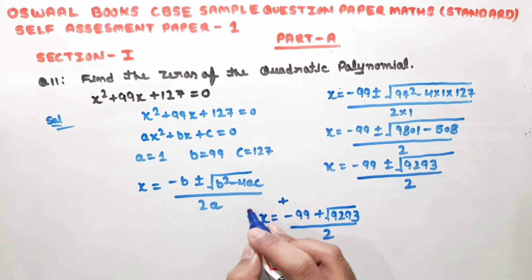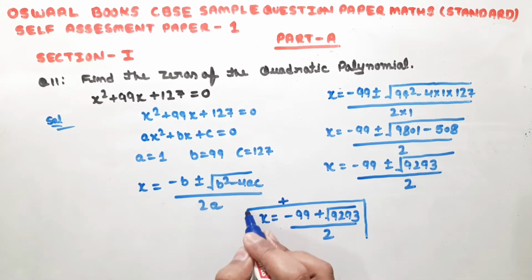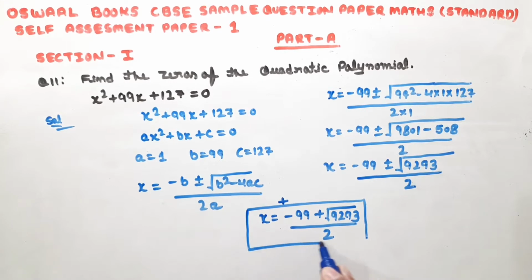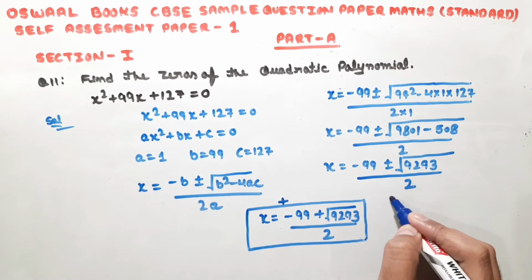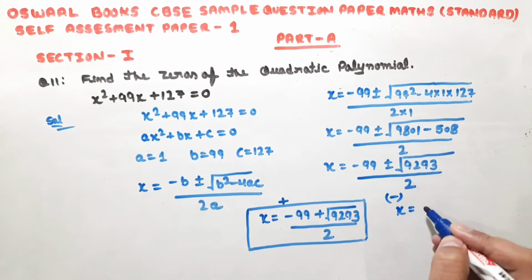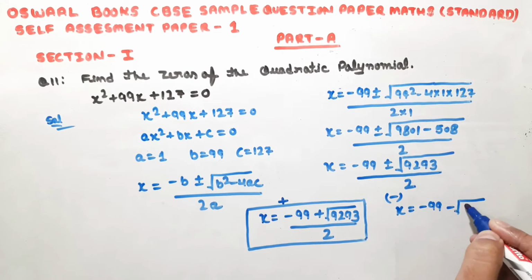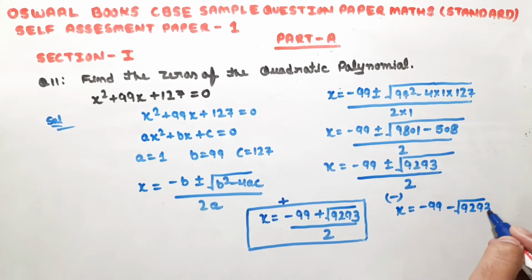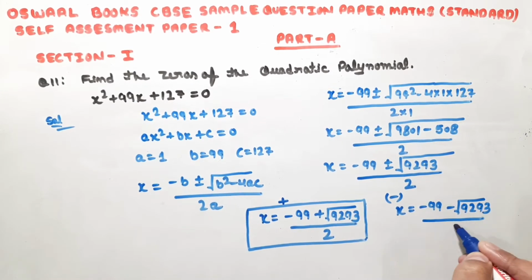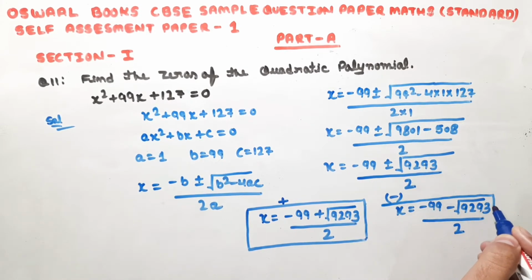This is our first zero. On considering the minus sign, our zero will be x equals minus 99 minus under root 9293 upon 2. This is our second zero.